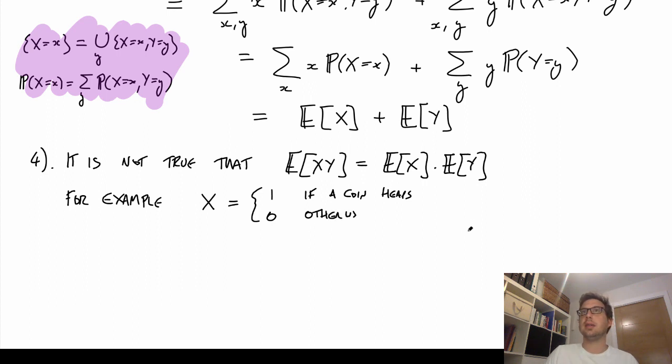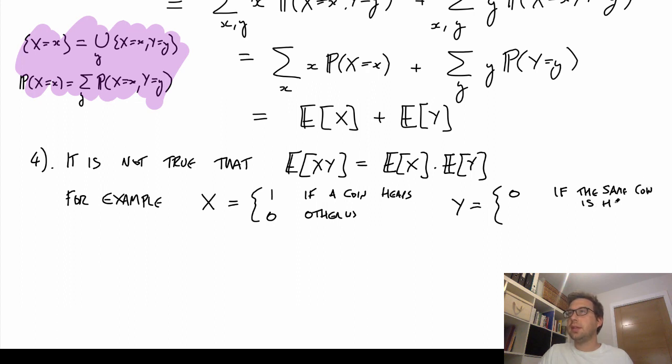And let's suppose that Y, let's say, does the opposite: it is equal to 0 if the same coin is heads and is equal to 1 otherwise.